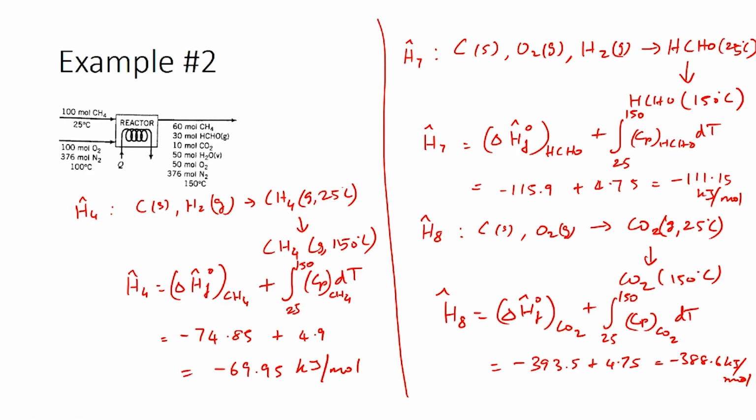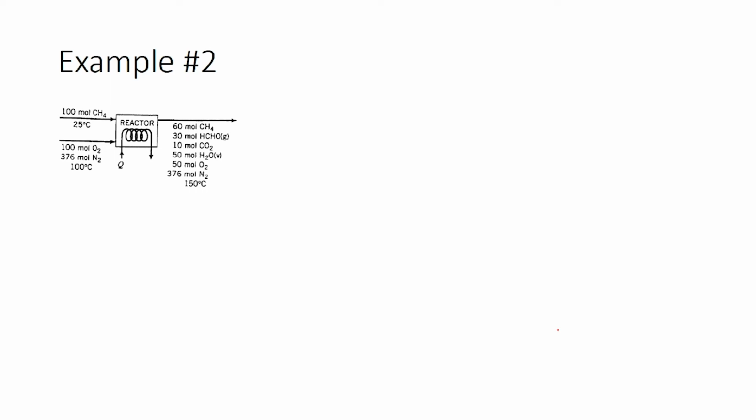So, this second term integral Cp dt could also be obtained from combustion tables, because the enthalpy of carbon dioxide at 150 degrees Celsius compared to 25 degrees Celsius can be obtained directly from that table.